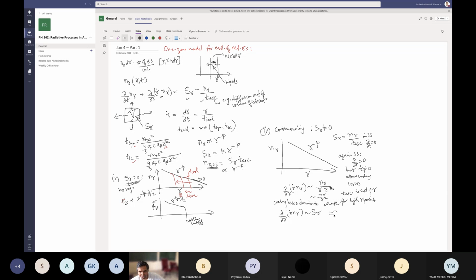So if n gamma is a power law, this balance gives you n gamma by gamma squared going like S gamma, or n gamma going like the corresponding power of gamma. So basically this is the balance.